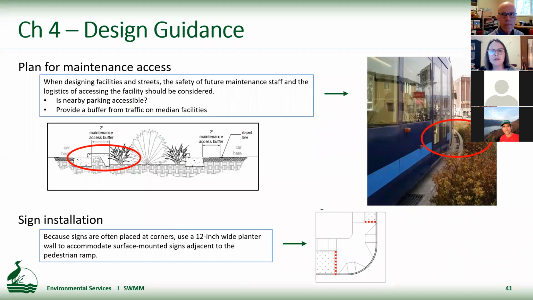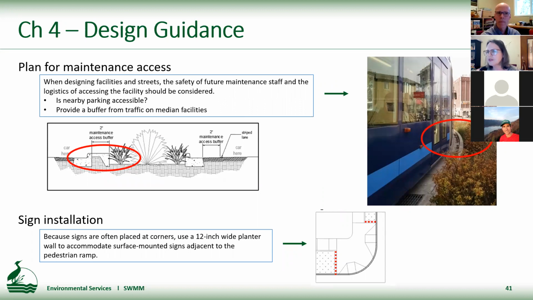We've included some guidance to think about the maintenance staff. So considering nearby parking and access for staff, and then also in median facilities to include a maintenance buffer, to avoid situations like this along the streetcar, as you can see, where the maintenance staff end up being very, very close to the streetcar and other traffic.